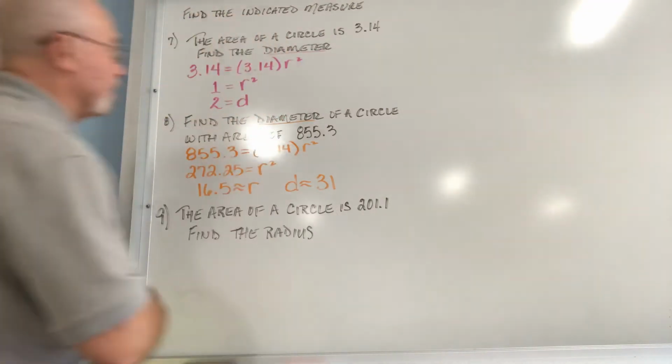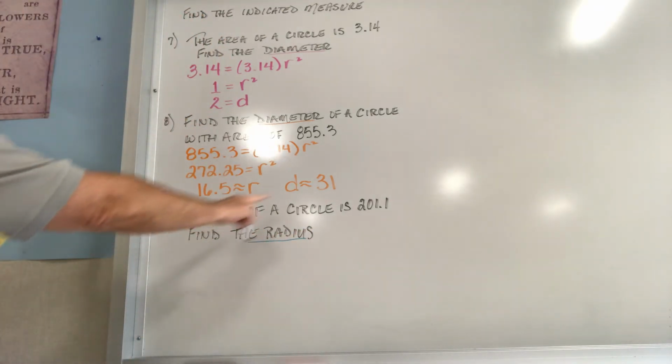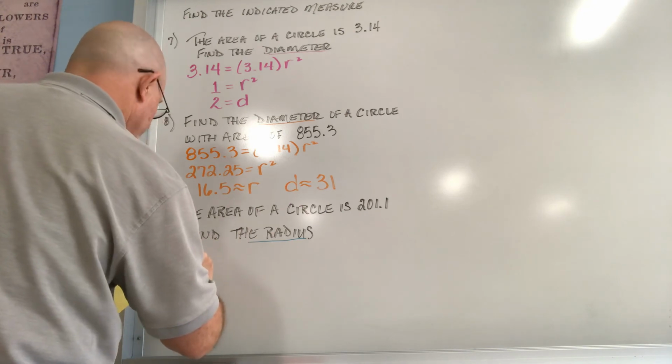And our final one. On this one, we're asked to find the radius. So the area of the circle is 201.